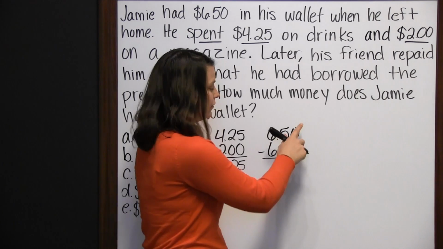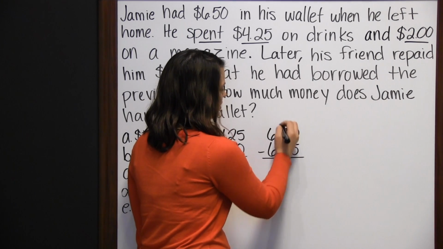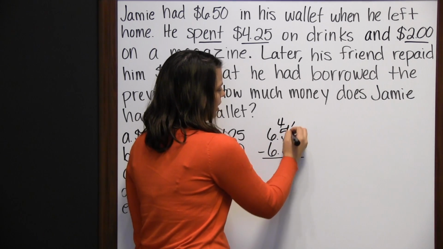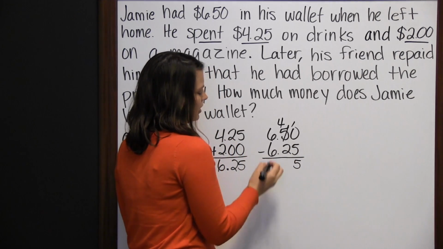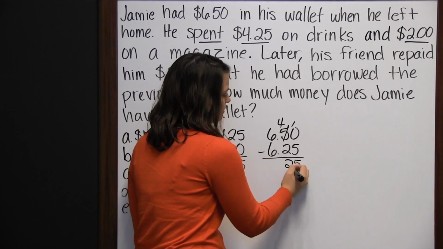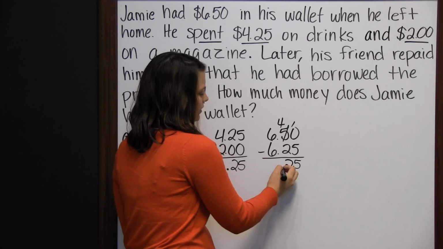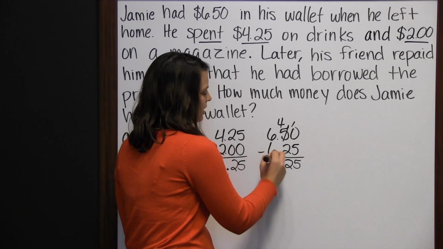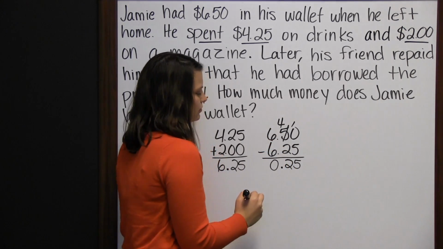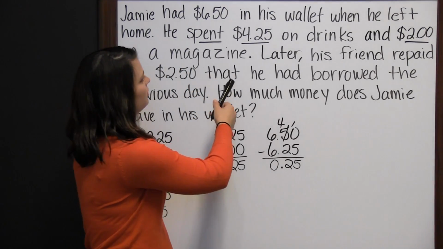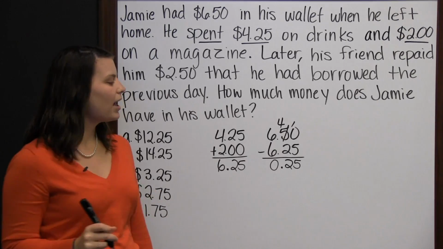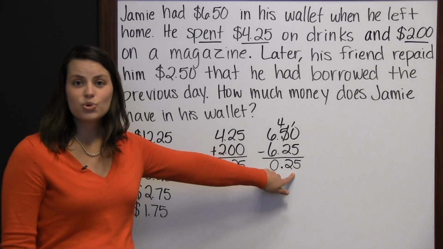I can't take 5 from 0, so I'm going to borrow from this 5. It becomes a 4. And now I have 10 minus 5 is 5. And 4 minus 2 is 2. Can bring down that decimal. 6 minus 6 is 0. So that means after he spent the $4.25 on the drinks and $2 on the magazine, he only had 25 cents left.